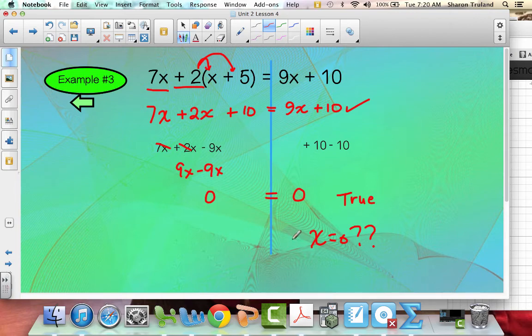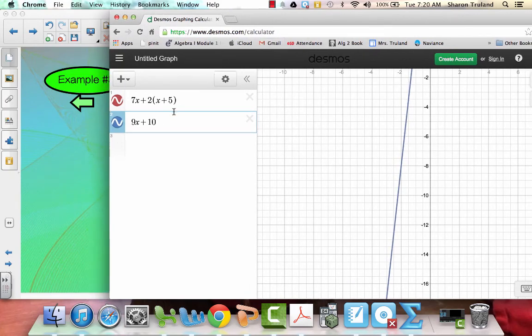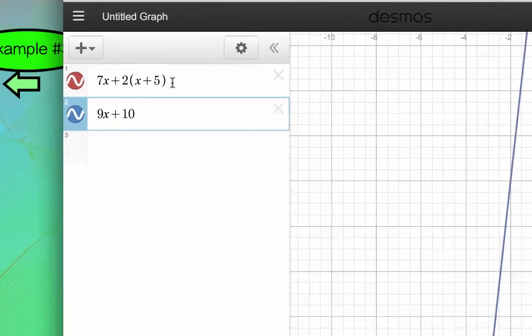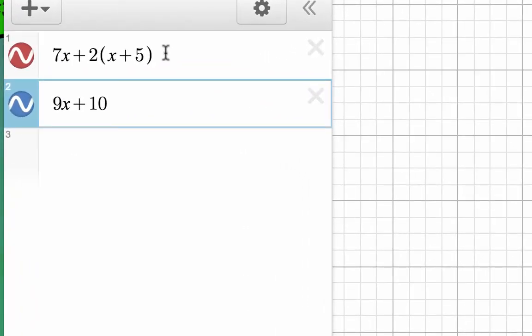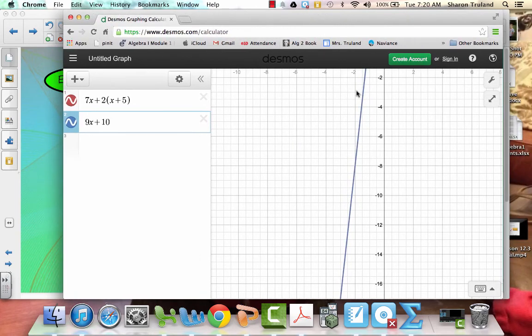I don't know. Let's look at Desmos for a second here. When we bring out Desmos and we put on the red line 7x plus 2x plus 10, and we put 9x plus 10 on the blue line, well, over here I only see a blue line.